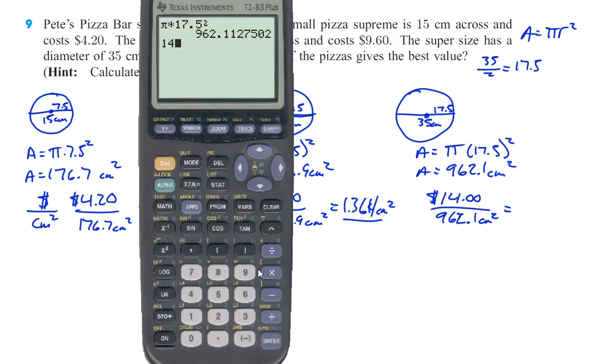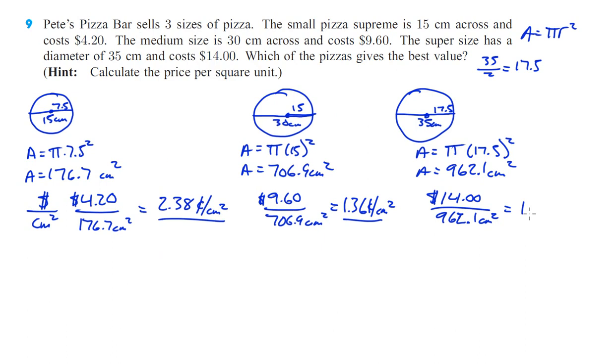So we take 14, divide it by our answer, and we get 1.46 cents per square centimeter.